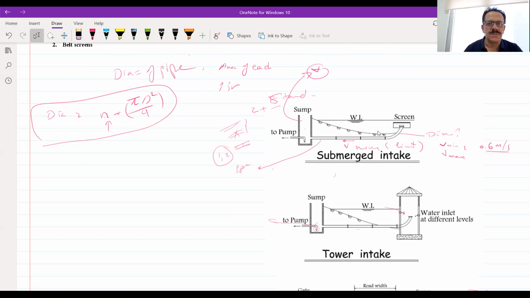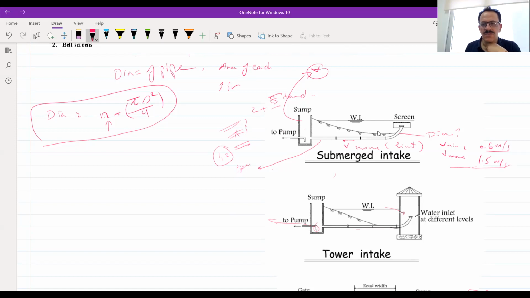The velocity of the water in this pipe should be high enough not to let the settlings precipitate in the pipe. The second thing is that it should be less than 1.5 meter per second. This 1.5 meter per second means we don't want a turbulent flow.